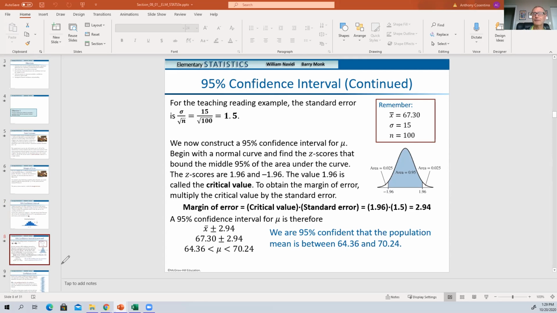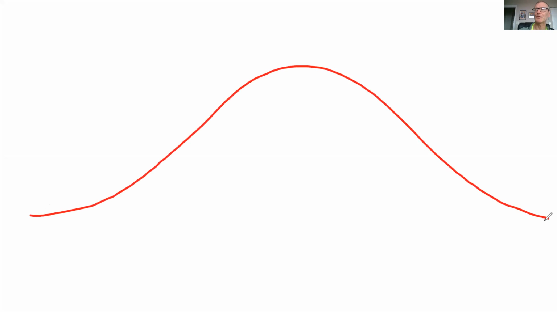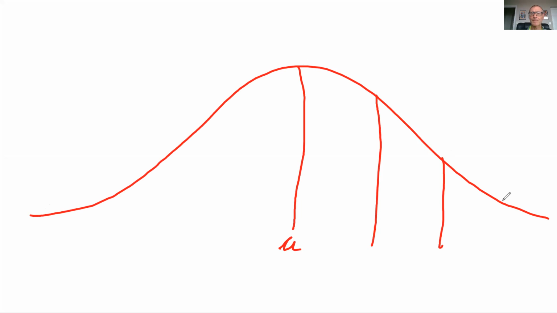If you remember, let me pull up the whiteboard here. Whiteboard is up. So you remember when we talked about our normal distribution, there's the mean, and then we split it up into standard deviations, right?